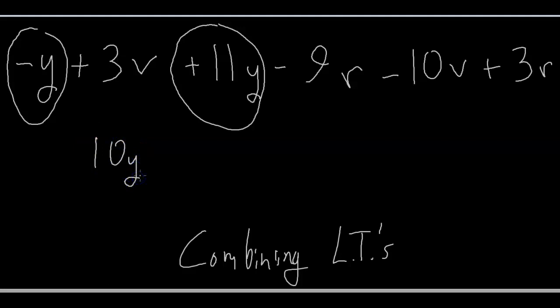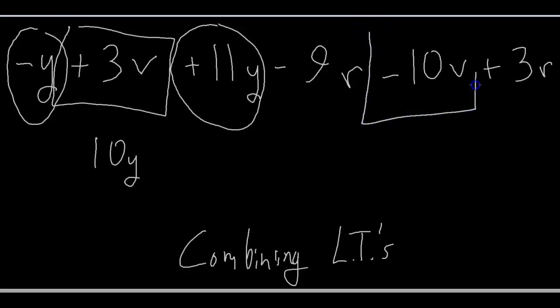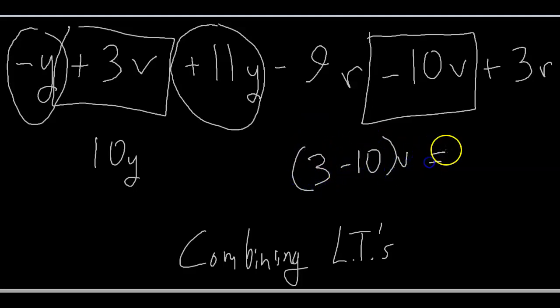All right, so now let's take a look at our v's. We have our second term plus 3v, so that means we're starting with positive 3v, and then the next time we see v, we're subtracting 10v, so that means we have positive 3 minus 10 v's, right? And positive 3 minus 10 is negative 7, right? So we have negative 7 v's.